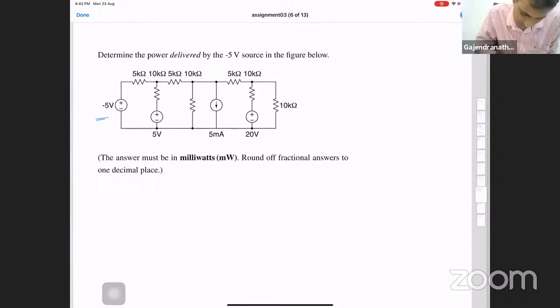There are multiple ways to do it. I'm just thinking about the easiest way to solve this network.